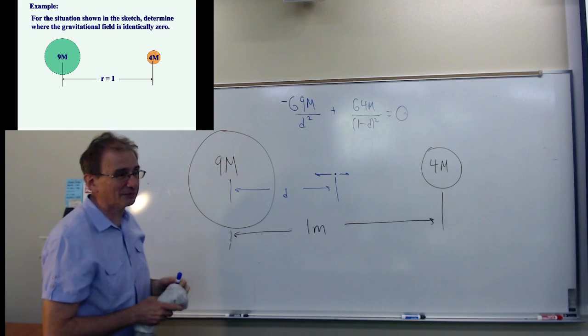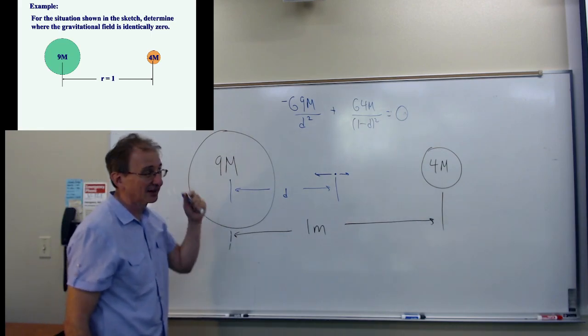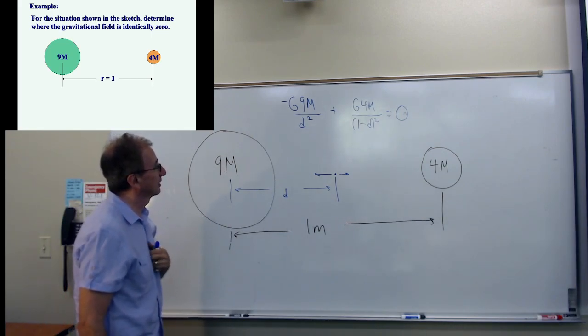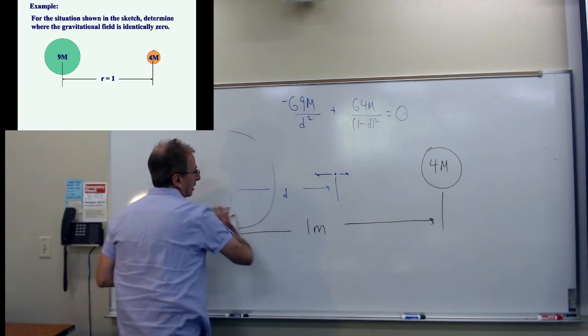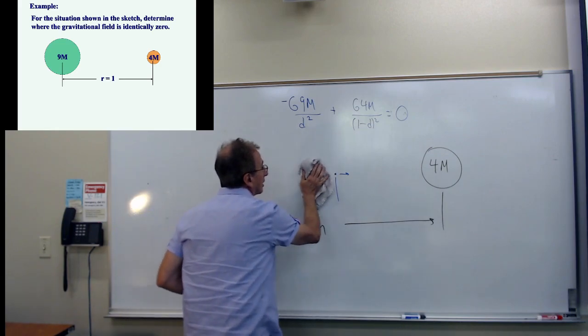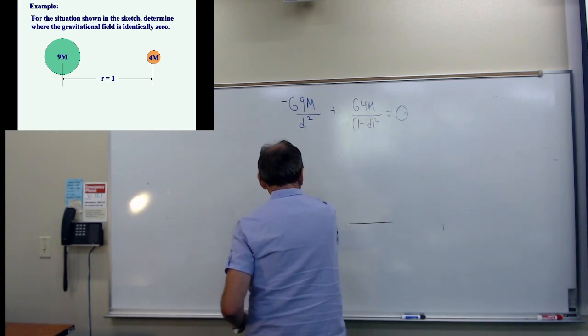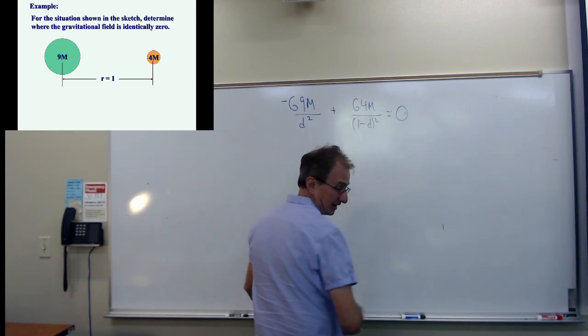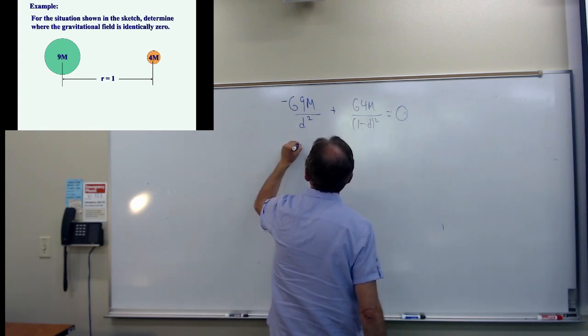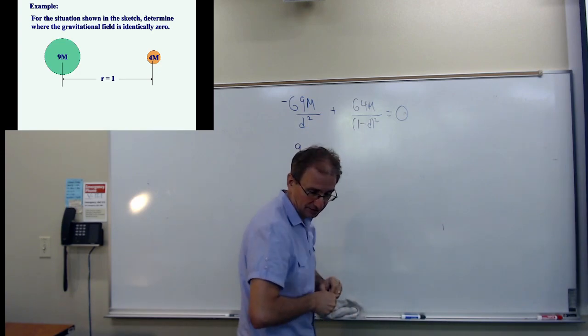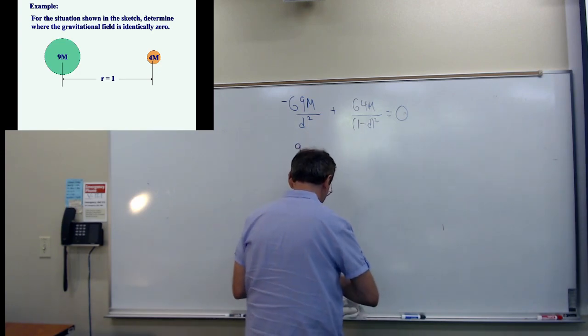Even though it's a simple problem, there's something to consider when we solve this. Can I cancel things? Yes, you can cancel the big G's and the masses. Okay, let's do that.